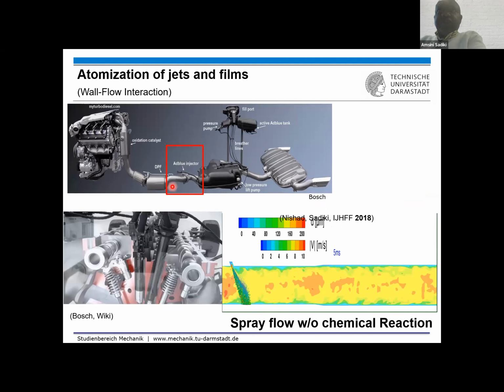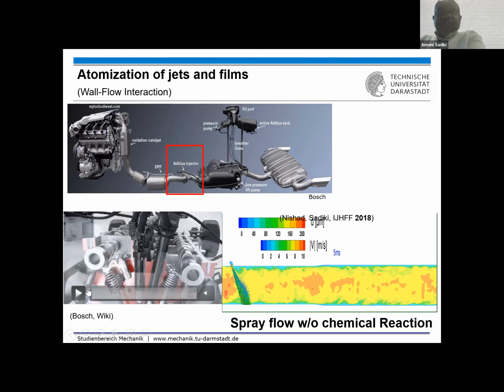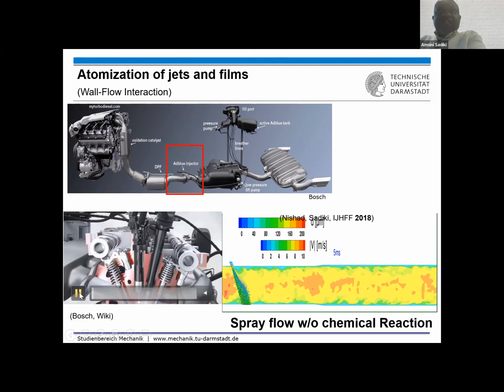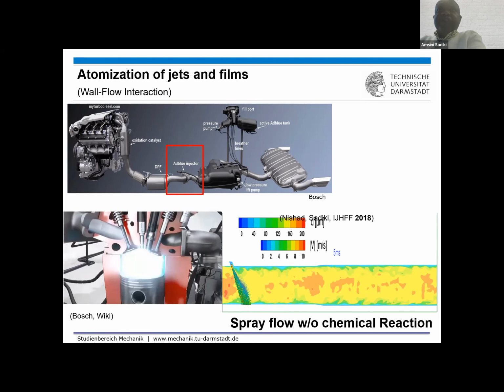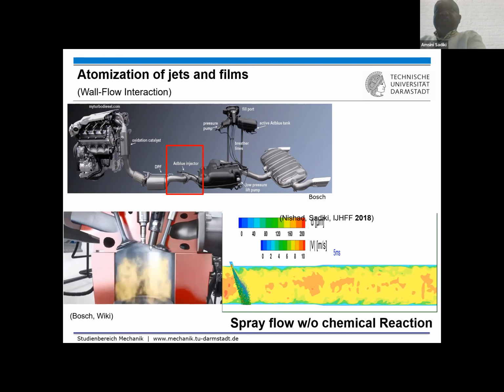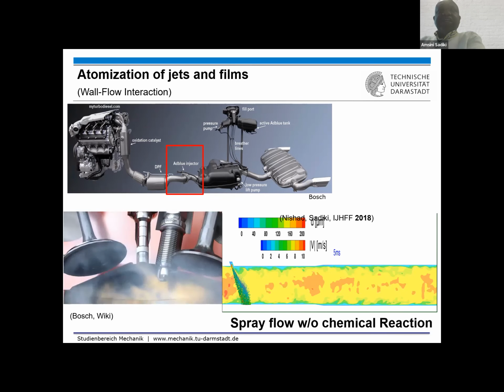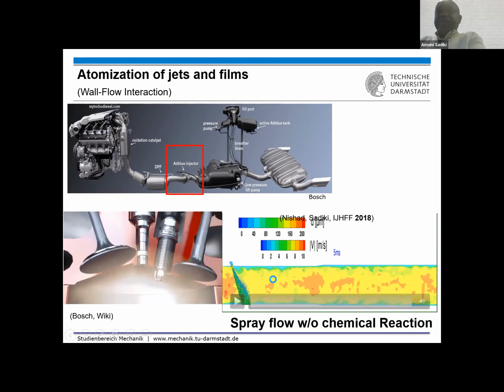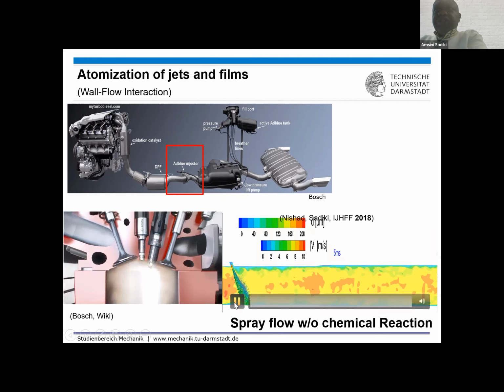It is exactly where we are. And if we say that combustion takes place here, the exhaust gas comes out, and we can see the evolution of this exhaust.